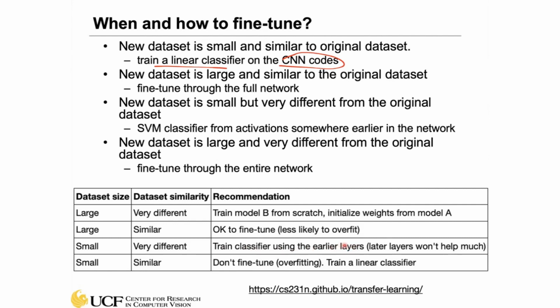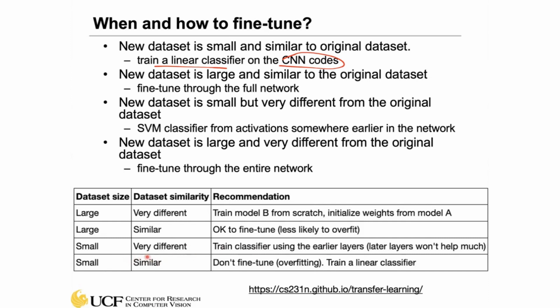In other words, the later layers won't help much, because the data set similarity is very different. The later layers learn the high-level representation, so maybe this is not useful for your target domain, but the earlier layers, as I mentioned, learn fundamentals, so they can still be used in this case. Okay.